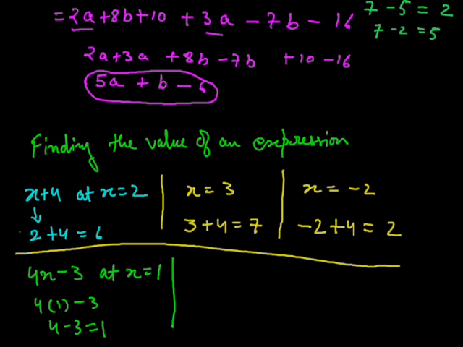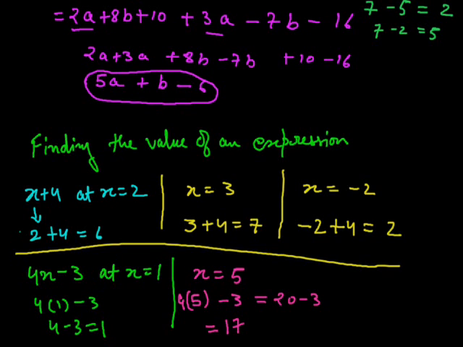Now again if I have to find the value of the same expression at x equals 5, I will put 5 at the place of x, and 4 was written before it. This means multiplication, minus 3. It will be equal to 4 into 5 which is 20, minus 3, so it will be equal to 17.